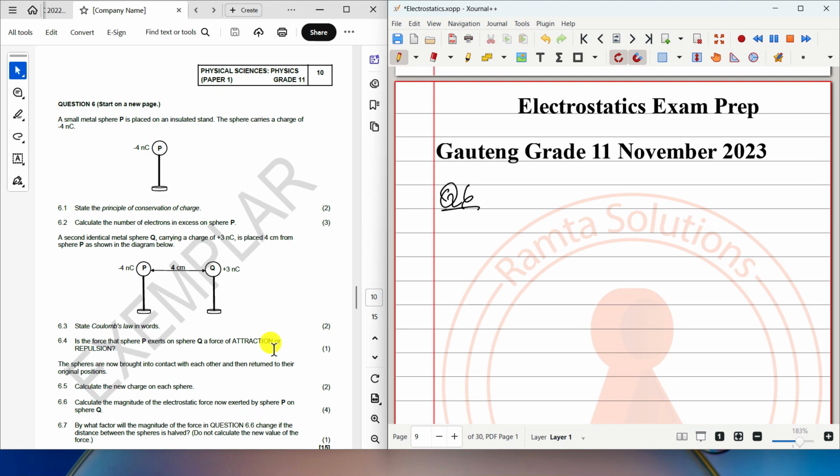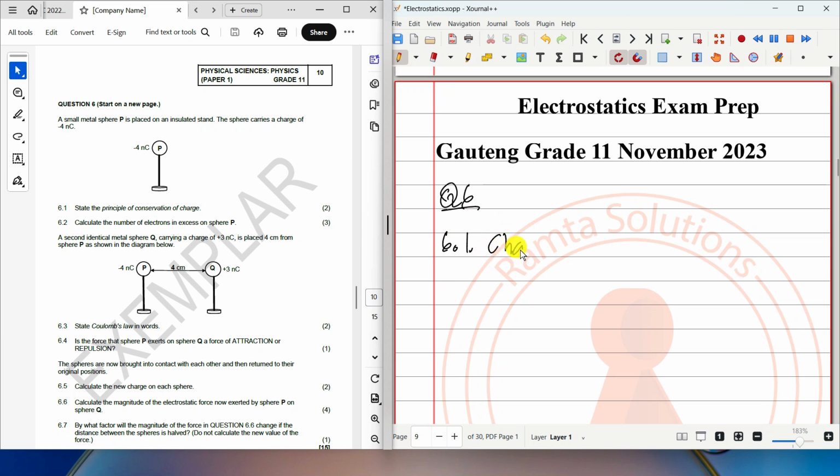6.1, state the principle of conservation of charge. This is the one that says charge cannot be created or destroyed, but can only be transferred from one object to another.